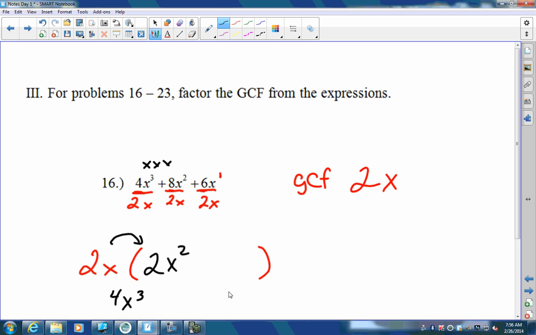So what I'm doing right now is I'm working backwards from what we've been doing. 8 divided by 2 is what? 4. So plus 4. This says I need 2 x's. I have 1 pulled out already. So how many more do I need? 1.